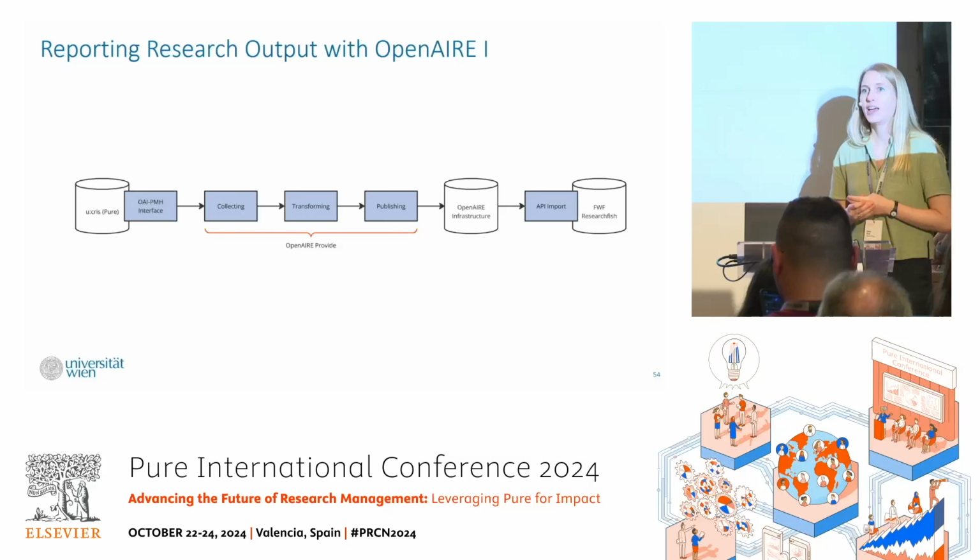Why ResearchFish? Because the national funder that was mentioned by Sonja, FWF, is implementing this pilot together with us, and they are using ResearchFish. So we had to come up with a different solution, and we decided to take a detour using OpenAIRE, specifically the service OpenAIRE Provide.